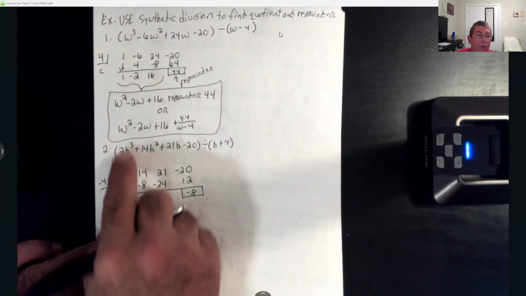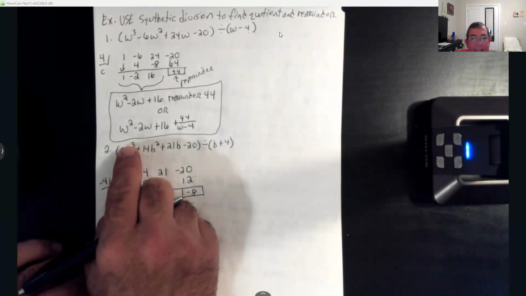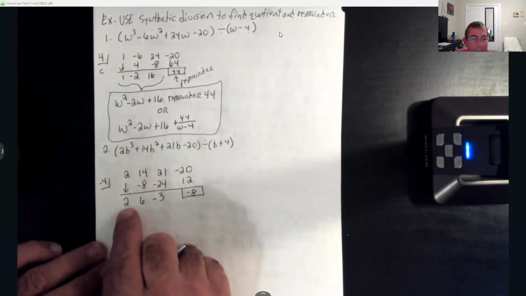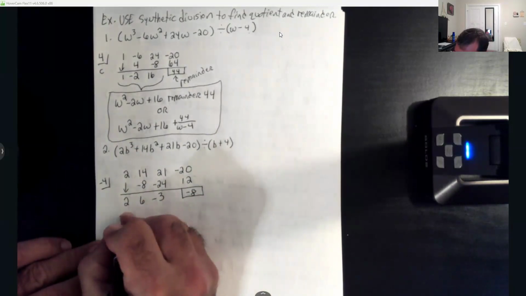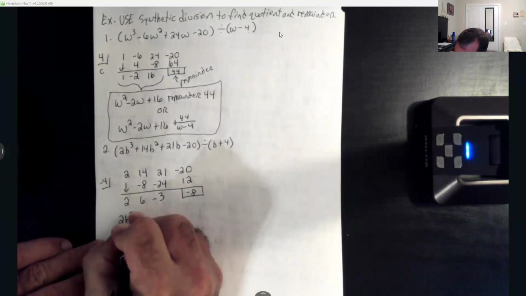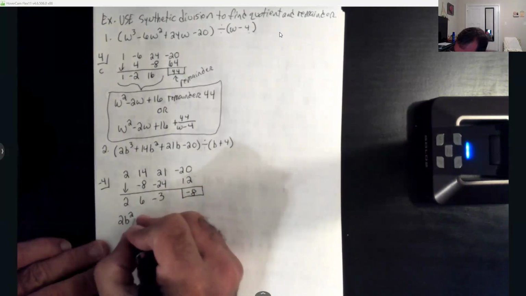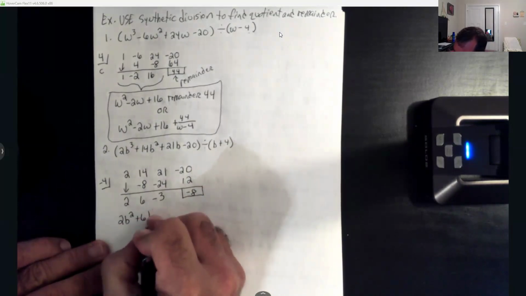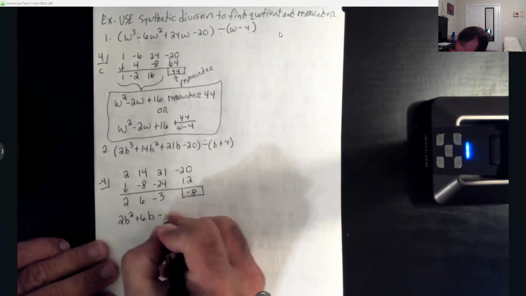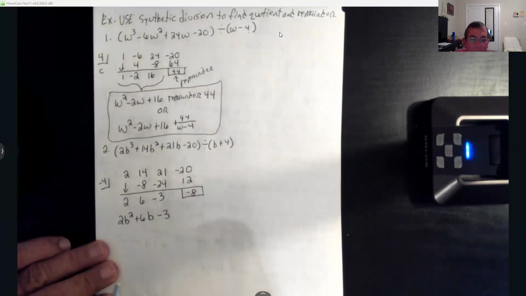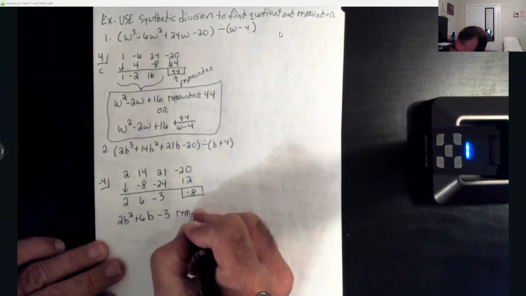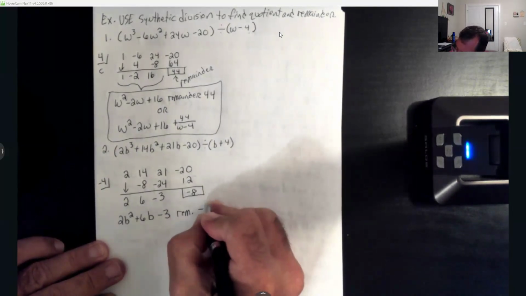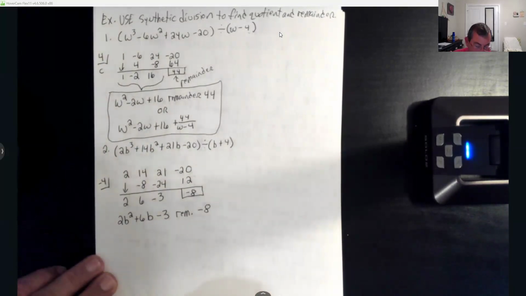So once again, it's going to start 1 degree less than that 3. So that means I got 2b squared plus 6b minus 3. And then I got a remainder of -8.